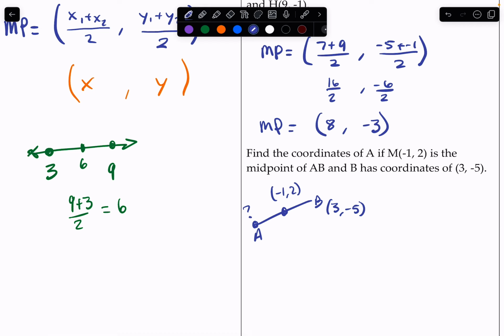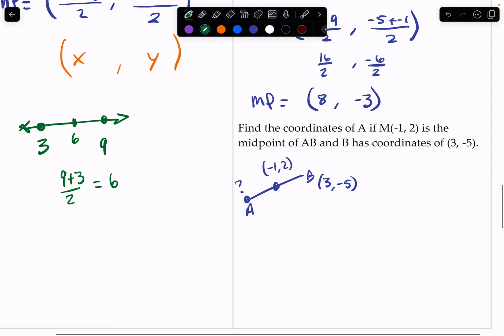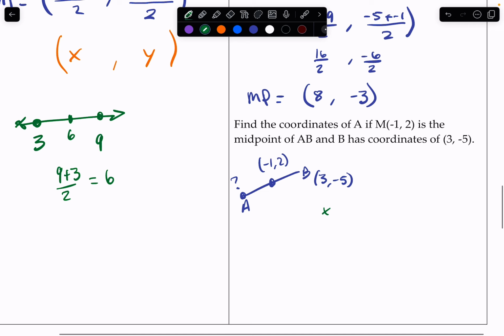And this is where we get a little bit of algebra. Let's just write some stuff out here. We're going to find x, and we are going to find y. Our x value of this ordered pair is going to be found with x1 plus x2 over 2, and our y value is going to be found with y1 plus y2 over 2. We have some of these.